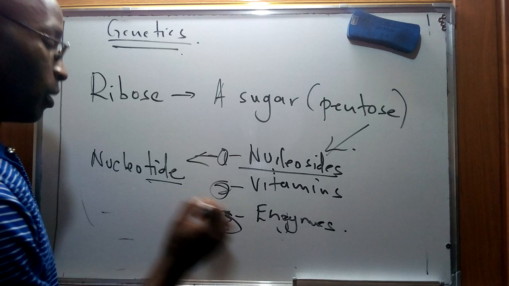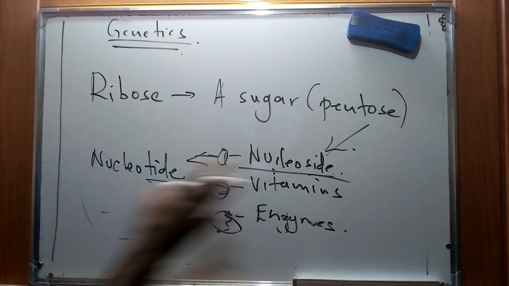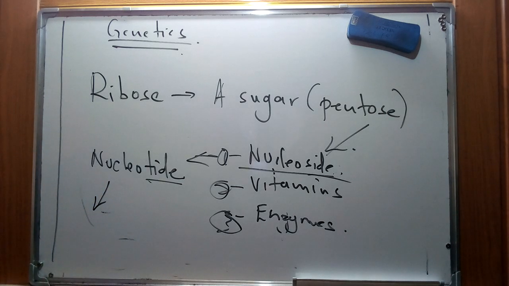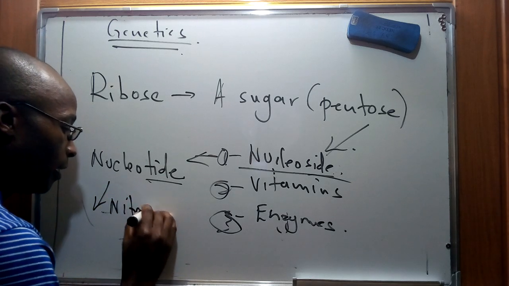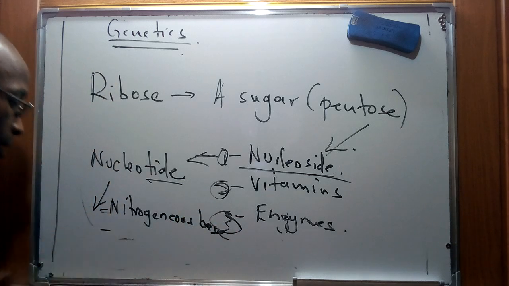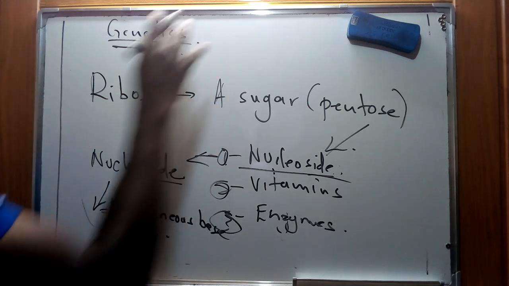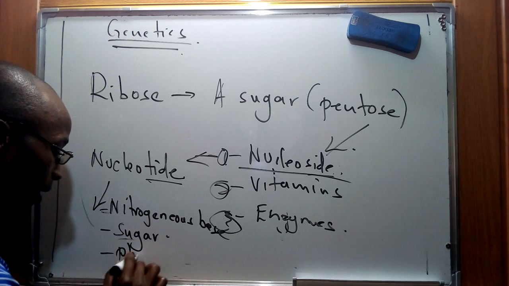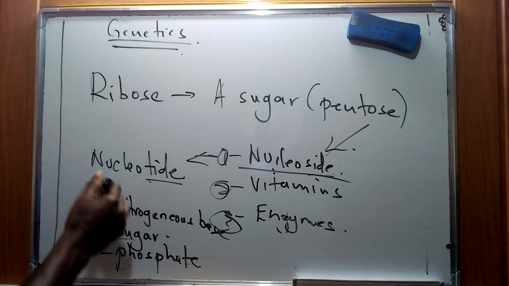If we look at this characteristic ending for side and tide, to create a difference between the two, the first one, a nucleotide, is made up of a nitrogenous base in its structure. We have a nitrogenous base, and in addition to that we have a sugar, which is one of the sugars we have discussed. And then we have a phosphate molecule, a phosphate in the structure of the nucleotide.